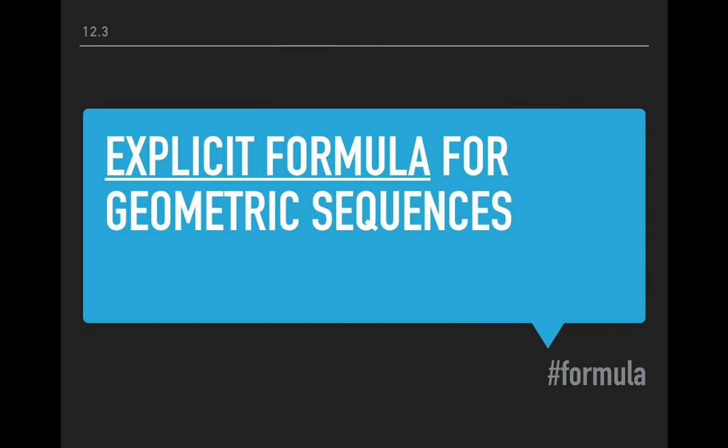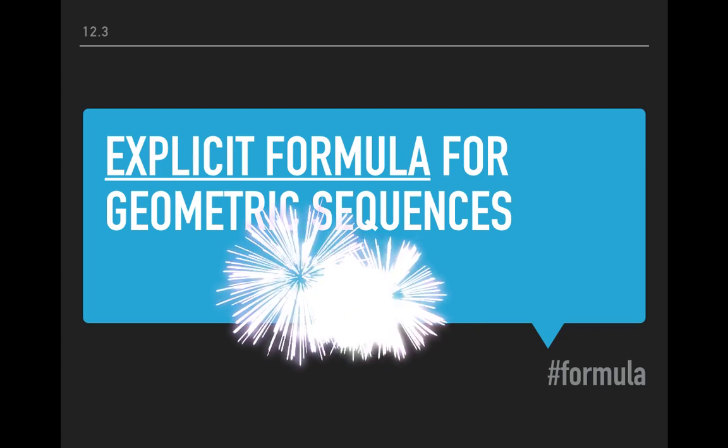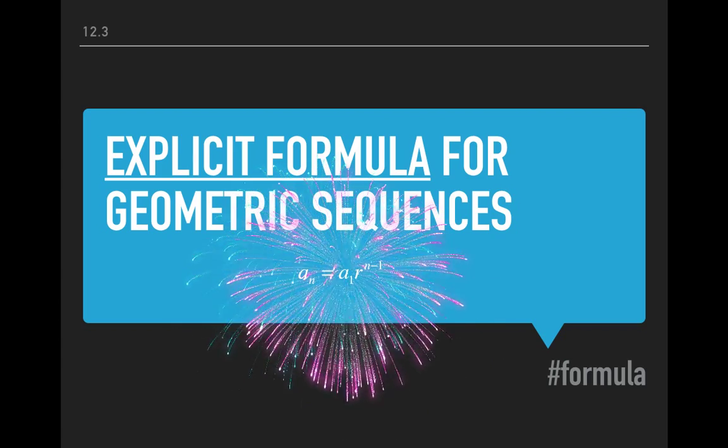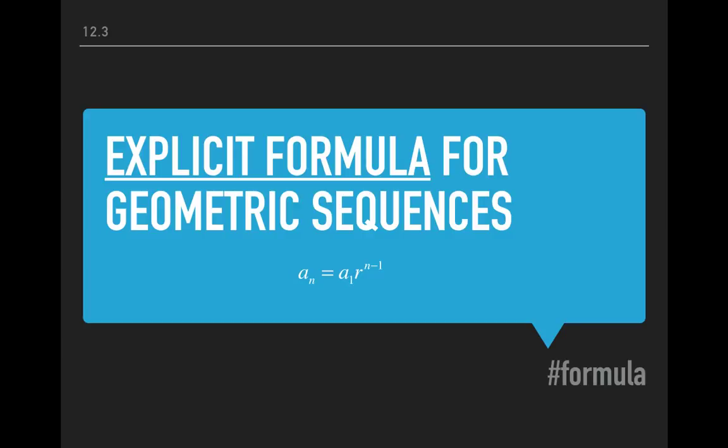Our explicit formula for geometric sequences is the first term times the rate to the n minus 1 power. This is the explicit formula because it is just in terms of its position.